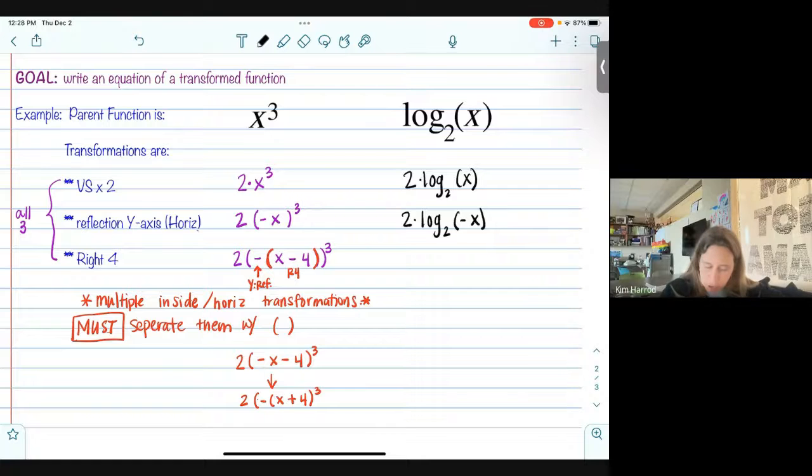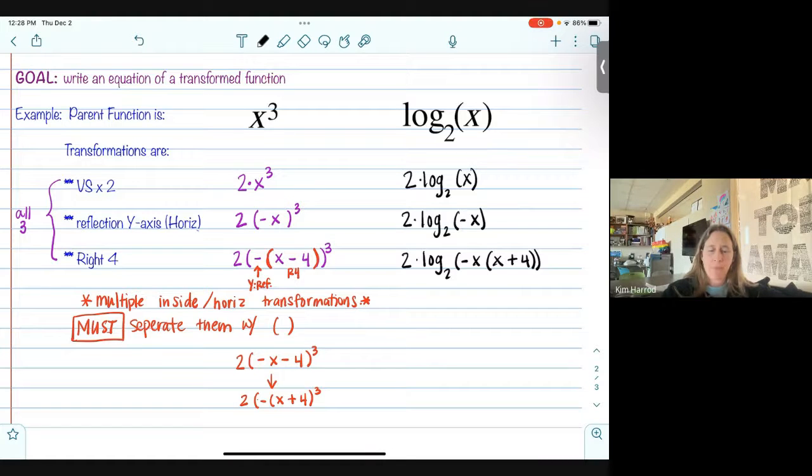And a vertical stretch, y-axis reflection, and right 4 ends up looking like that. So two different functions, but they have the same movements happening to them.